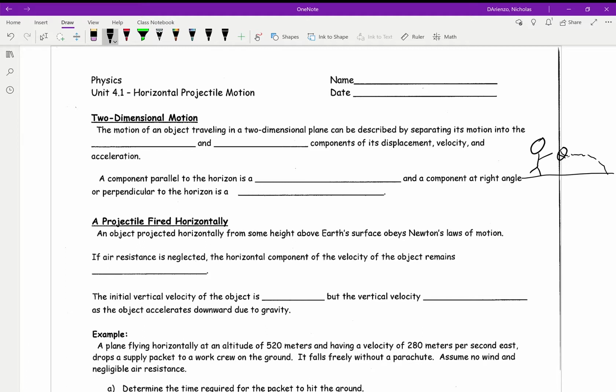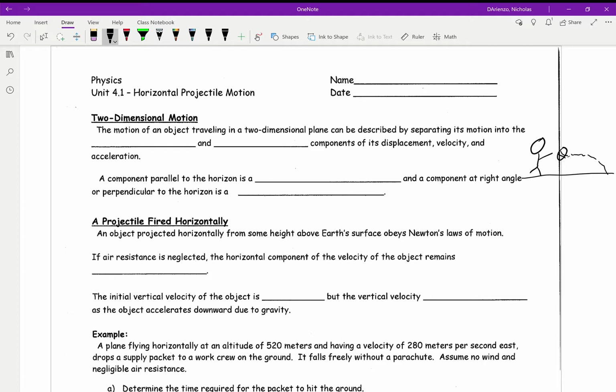And we're going to treat any type of projectile motion as two-dimensional motion. We're not worried about a third axis, and we are going to treat the motion of the object in two dimensions separately. So we're going to look at motion in the y direction and in the x direction, and treat the paths the object travels in both of those directions individually.